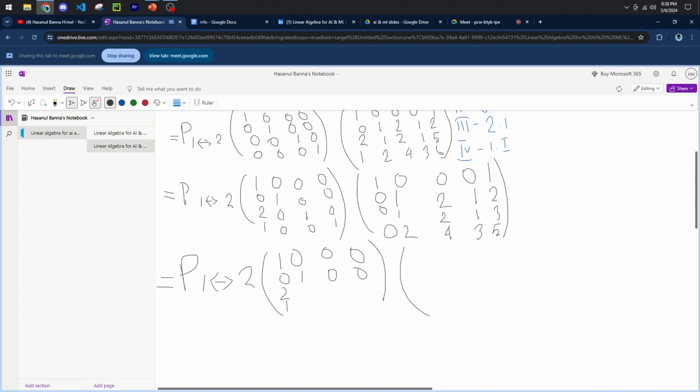Now for this part, our column 1 and column 2 will remain the same as before: 1 0 0 0, 1 0 1 2 1 2. Now here comes the calculation part. For this we will multiply our second row by 1 and subtract it from our third row.